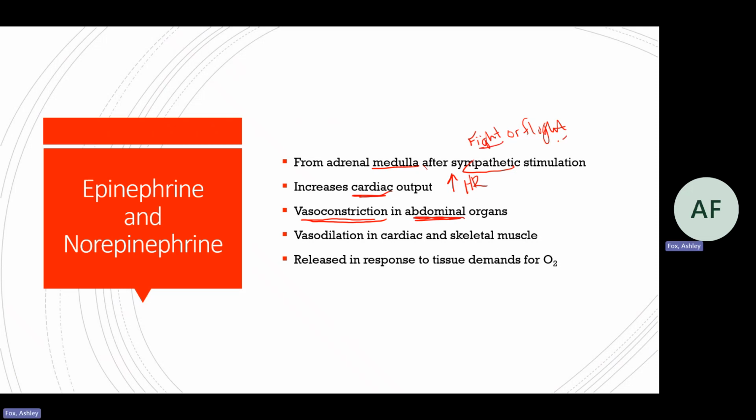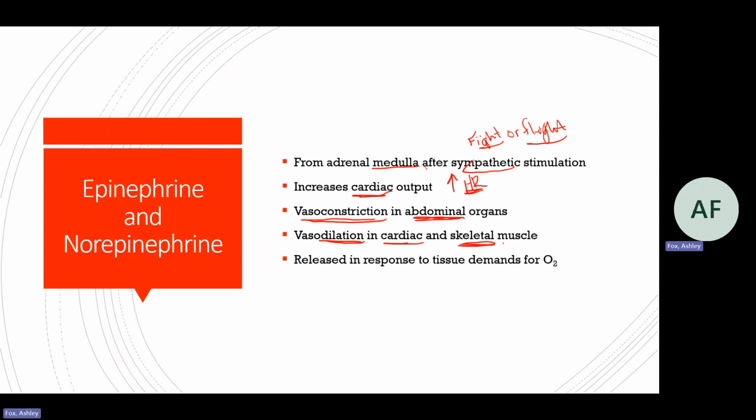We don't care about digesting right now. We either need to run or we need to fight. So you're going to switch and vasodilate to your heart. You're increasing heart rate, you need more blood supply, and your skeletal muscle. Why? Sympathetic fight or flight.